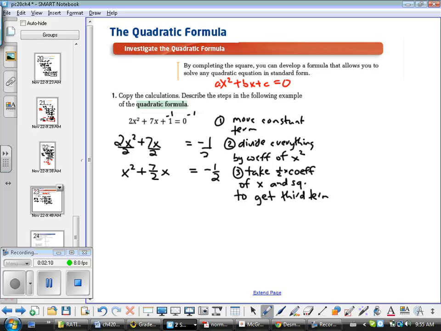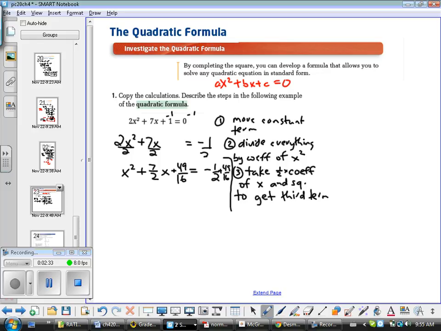So 7 over 2, half of that, 1/2 times 7 over 2 is 7 over 4. When I square 7 over 4, I get 7 squared over 4 squared. Of course, I'm going to add the same thing over here. Hopefully you've got this well enough to follow.